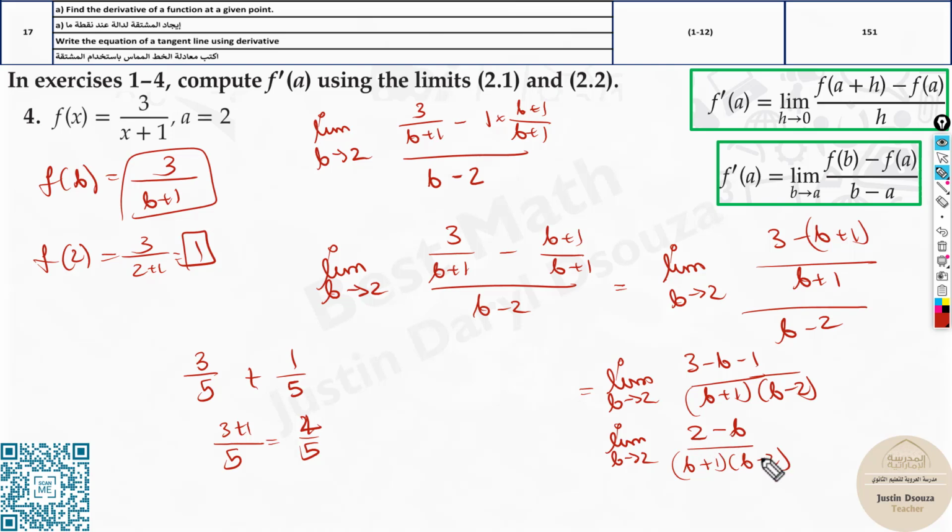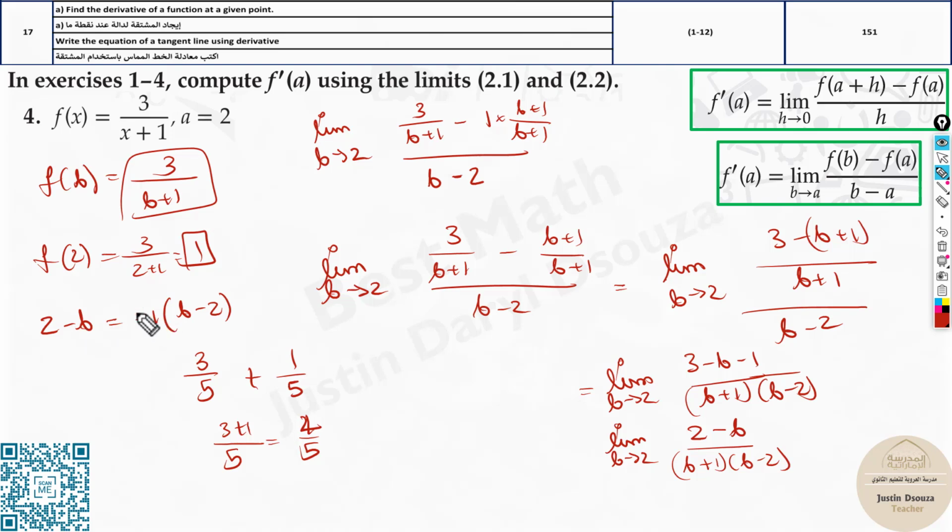You can see these two terms, b and 2, but the signs are an issue, right? There is a rule for that. You can just take a minus sign outside or multiply this by minus and swap the signs for these two terms. Meaning, if I have 2 minus b, this is equal to minus 1 times b minus 2.